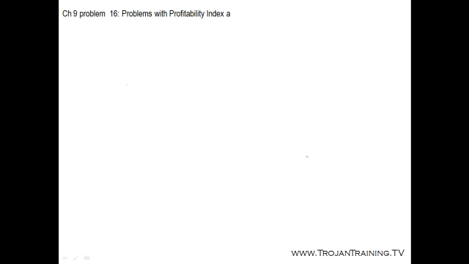So the profitability index is the present value of the future cash flows divided by the initial investment. The present value of the future cash flows we can find by using the calculator. The inputs for the first project: cash flow 0 is 0.